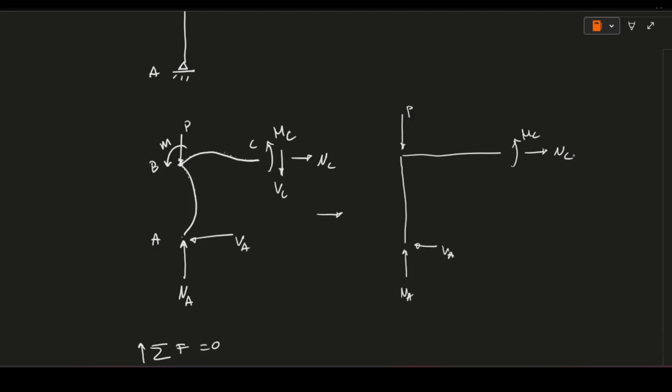Okay. So we know that there are no moments at A, but we know that there is a moment at B. It's a linear moment, right? Because when VA travels up, it becomes more and more moment. So it's a moment on this side. And we know that at C, we have initially a moment there.